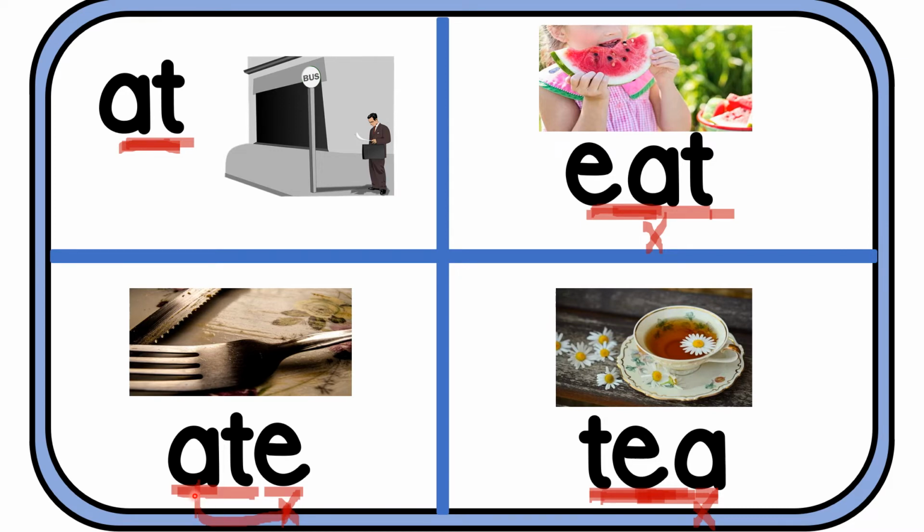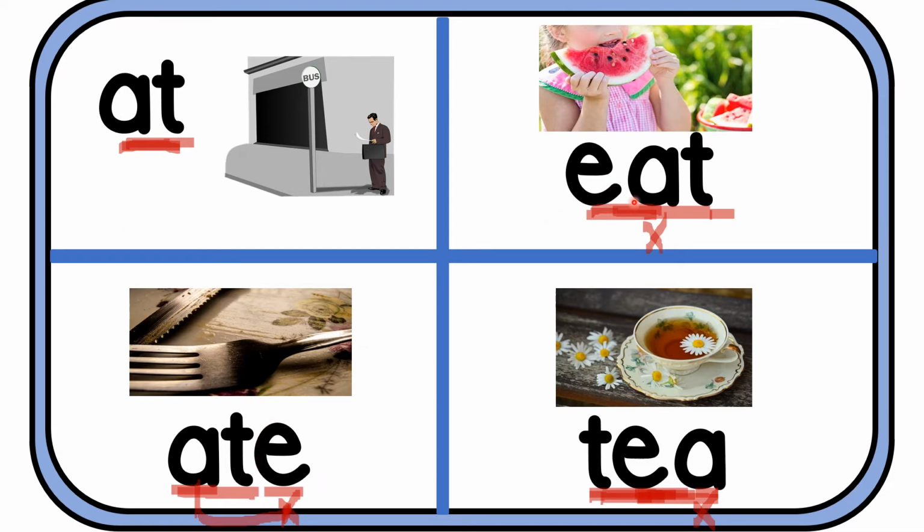So we know that this A would make a long sound. So the E at the end can help us to know the difference between it and at. It, E at the end. At, there is no E. This can help you to recognize the difference.